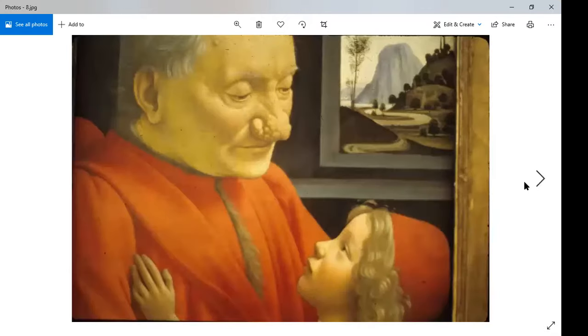Now, if you were at the Louvre and you looked at it up close like this, you would have no doubt the little boy's expression is meant to convey unconditional love between the little boy and his grandfather. He knows his father told him, the kid's probably 5 or 6, that his grandfather's dying and won't be around much longer. And he's come to visit.